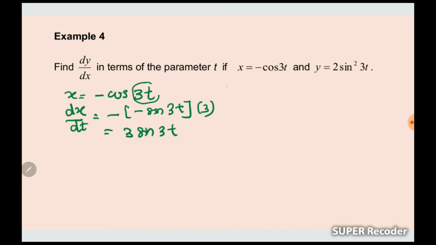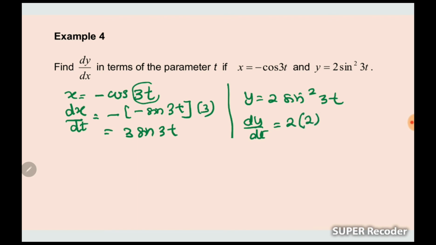What about y? y equals 2 sin squared 3t. Therefore, differentiate y with respect to t, the answer is 2 times 2. 2 is the power here, so you have to bring it in front. 2 sin, 2 minus 1 power is 1, sin 3t.